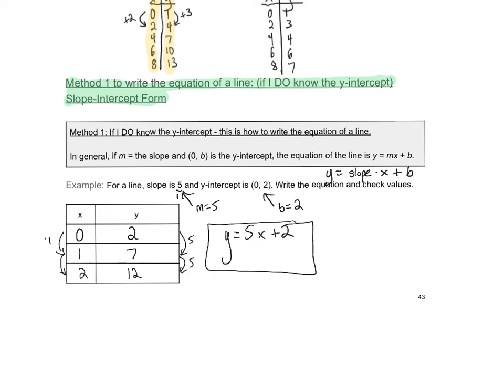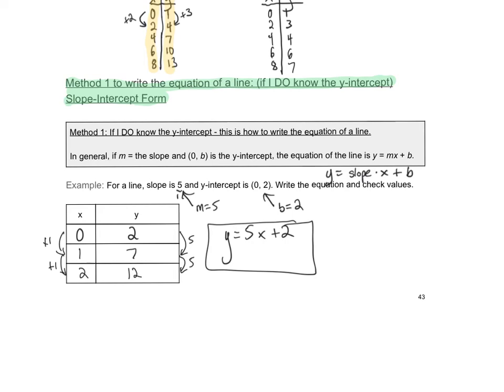And so I see here an example of some of the values that would make that equation true. If we plug them in, when we plug in 1 for x, we get y equals 5 times 1 plus 2, which is 7. When we plug in 2 for x, we get 5 times 2 plus 2 is 12, and so on. So this is all just method 1. So remember, we can only use method 1 if I'm lucky enough to know the y-intercept.